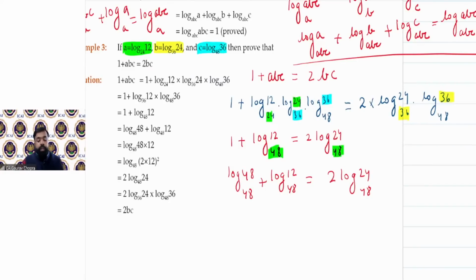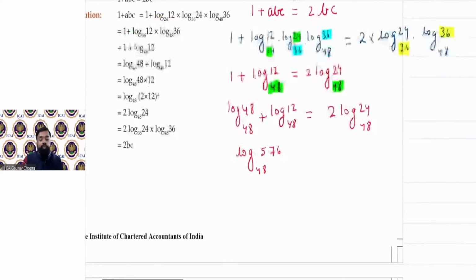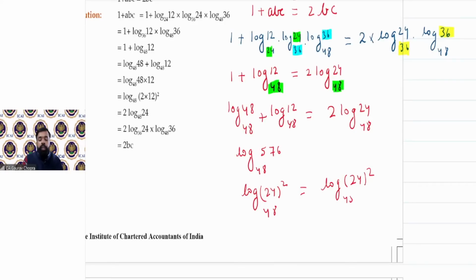So now this can be written as multiple form. Log of 48 into 12 is how much? 576 base 48. And log 576 can be written as log 24 square base 48. And here also it is log of 24 square base 48. So both the sides are equal, hence it is proved.